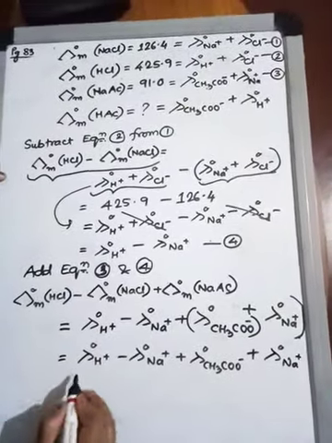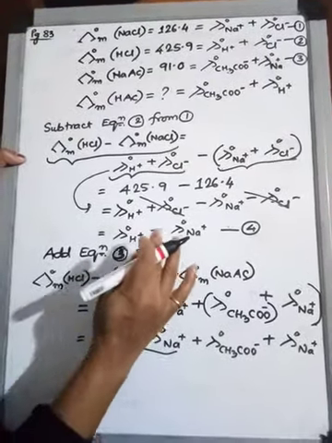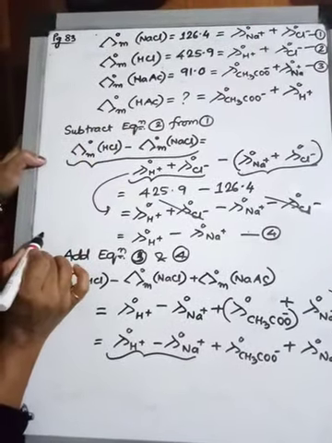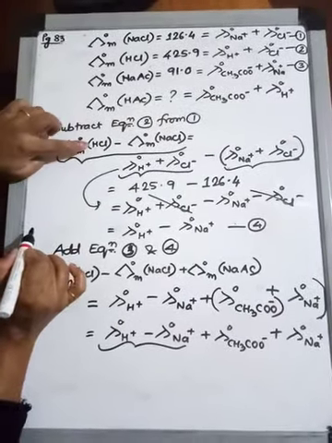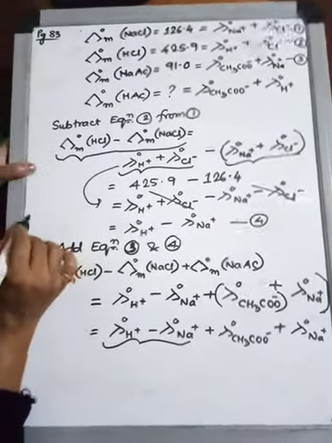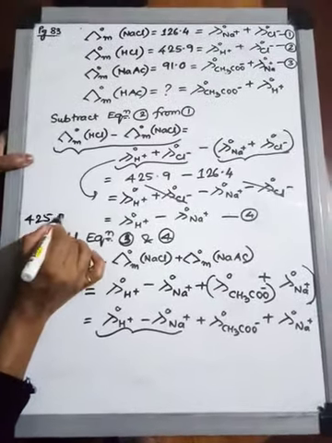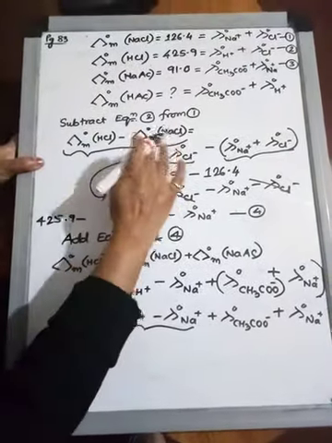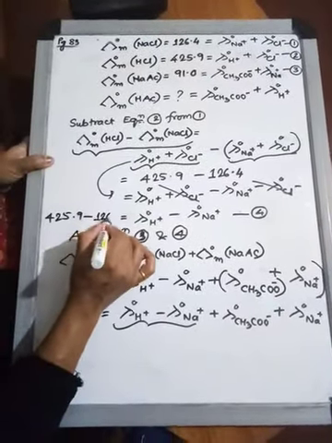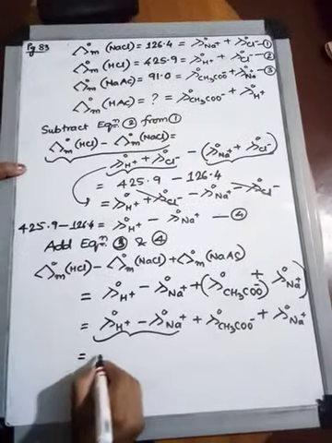Now let us put down the values of this portion. So on the left side what will we write? Lambda 0 HCl was how much? 425.9 minus this was 126.4.